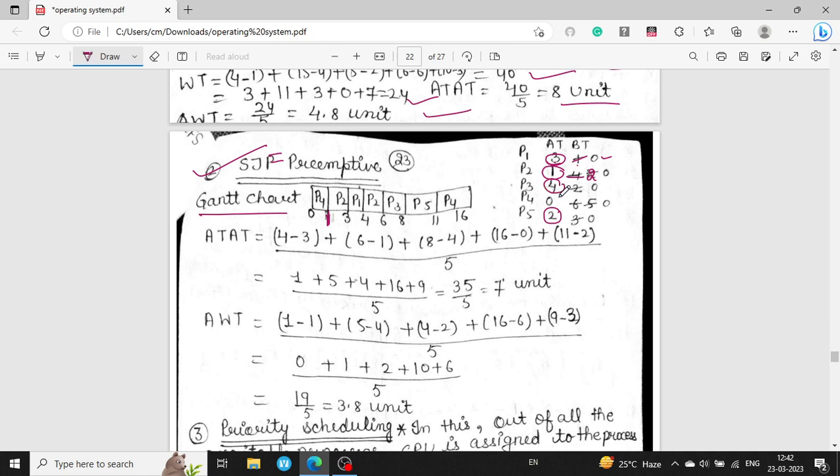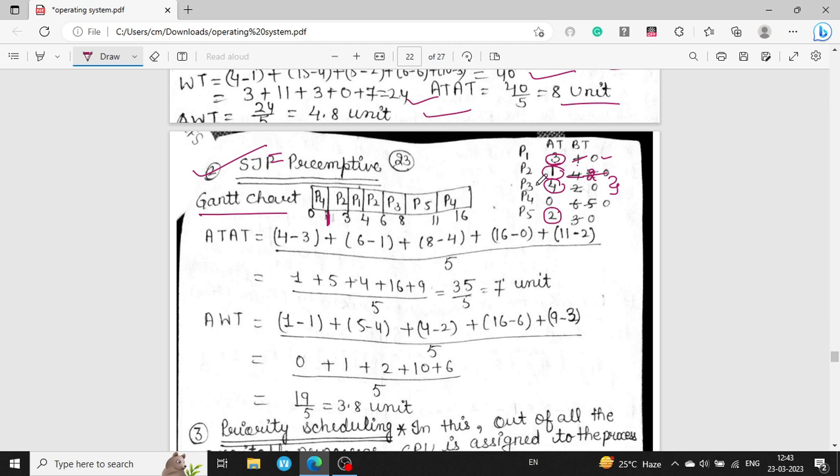But here you can see P2 is already waiting for the resource to be freed, and both can use the resource for 2 seconds. So who came first? P2. Who waited? P2. So that's why P2 first uses the CPU, and when it has used 2 seconds, it will release the CPU.